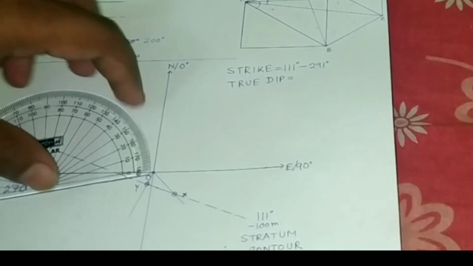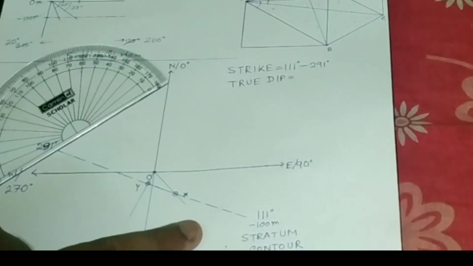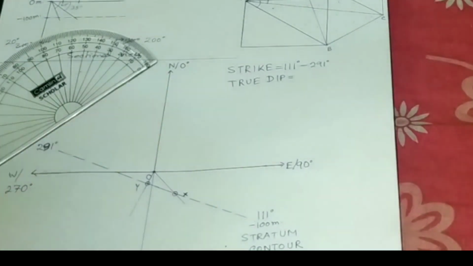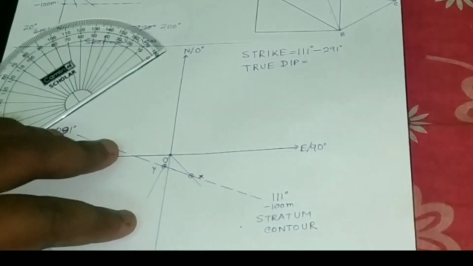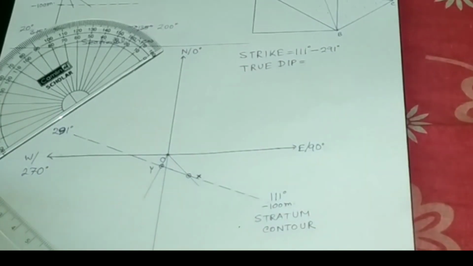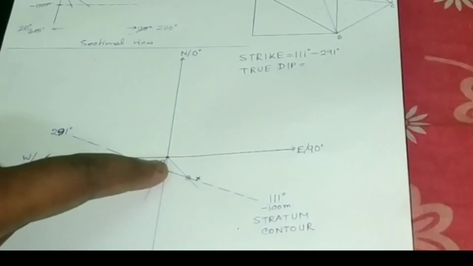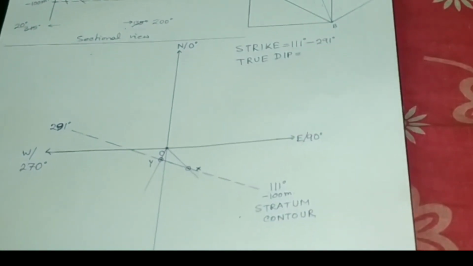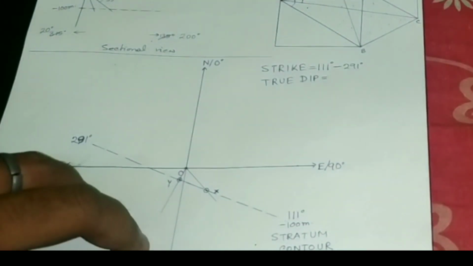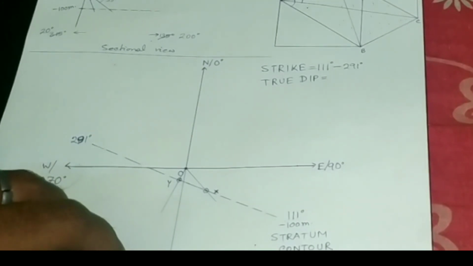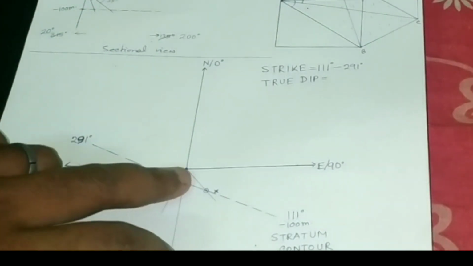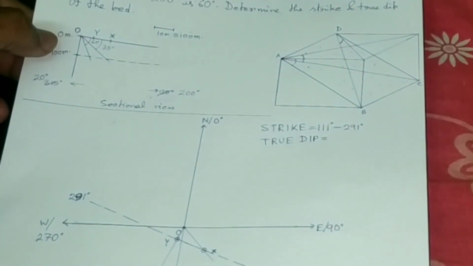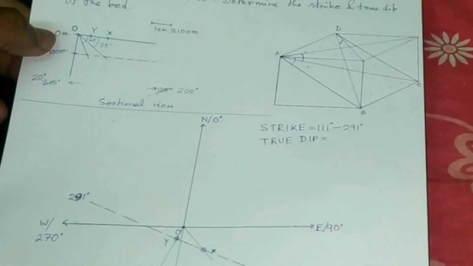Now we need to calculate the true dip amount. Of course we know the true dip direction, that is perpendicular to the strike, but we need to construct the 0 meter strike line. And what is the logic of drawing the 0 meter strike line? That will go through the center O, as here the O point always lies on the 0 meter level.